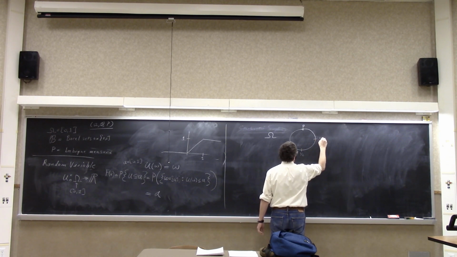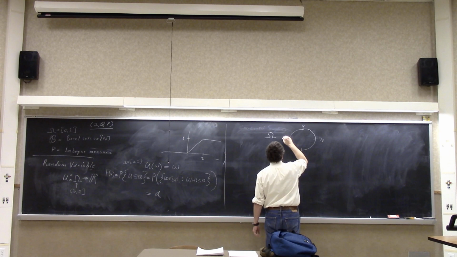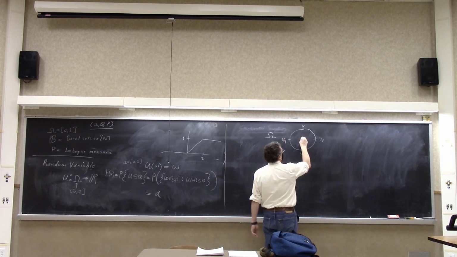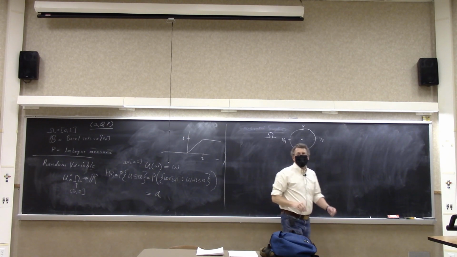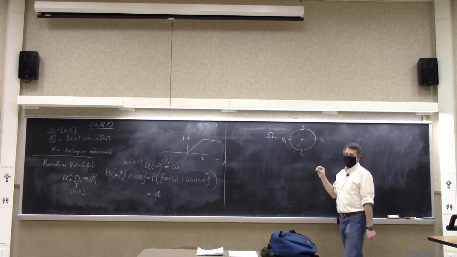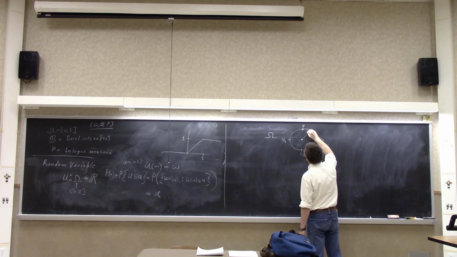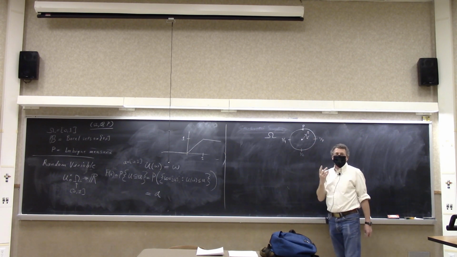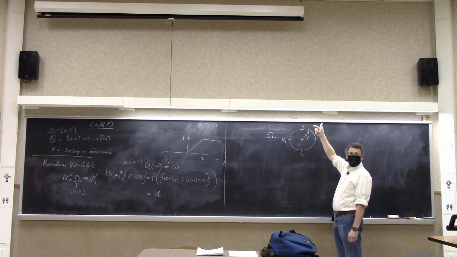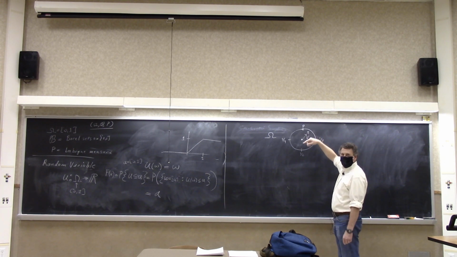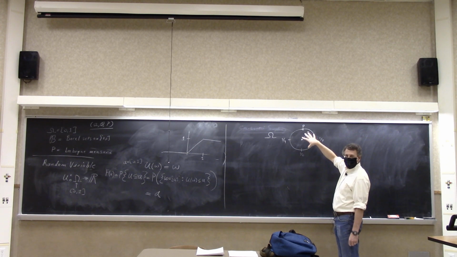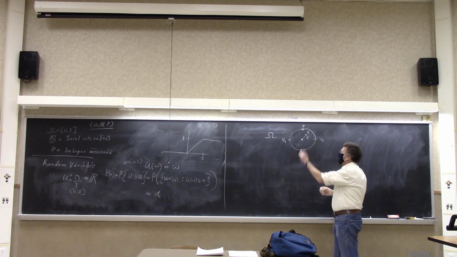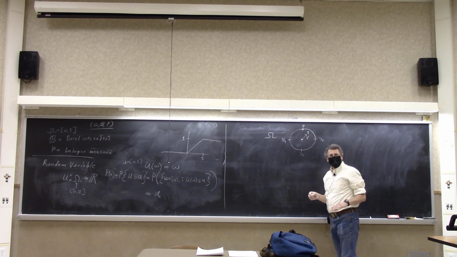This is 1/4. This is 3/4. Bear with me. You've seen that TV show Wheel of Fortune or something like that? You have an arrow and you flick it, it's like the game of Life where you spin the thing and you come to some answer. This is the omega space. It's uniformly distributed, okay?